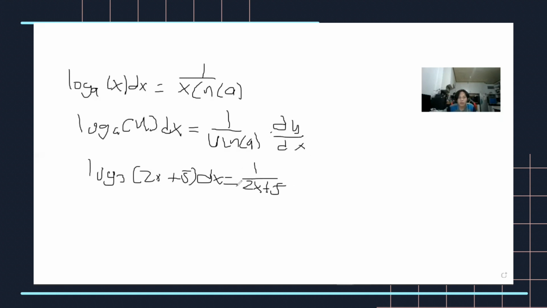Then multiply by 1 over ln of 3. Then by chain rule, multiply by the derivative of this, which is 2. To simplify, the answer would be 2 over 2x plus 5 times ln of 3. Hope you understand it. Thank you.